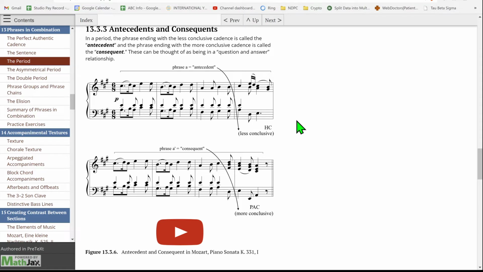Maybe he does the same, and then finally he changes. If he did that, that would be antecedent, antecedent, consequent. That's very rare. I doubt you'll see that on an exam, but I just want you to know that that does exist. You can have a 3-phrase period.